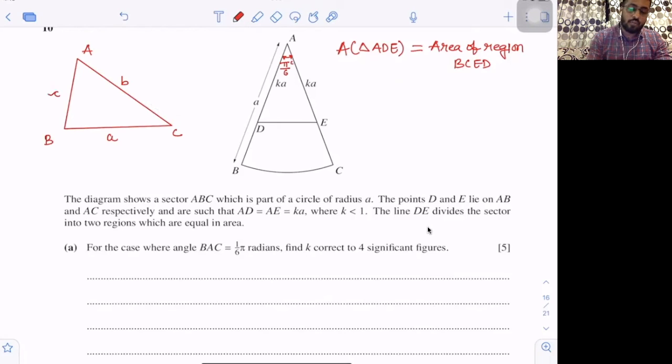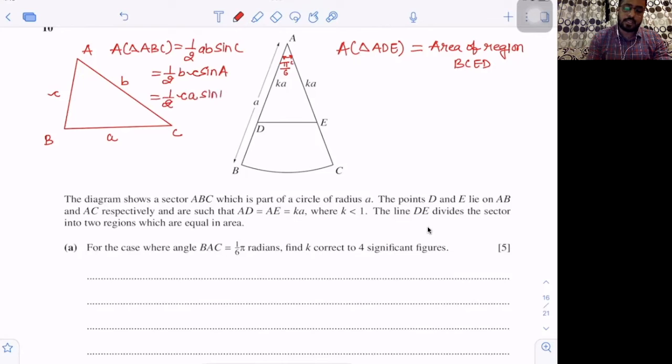Then the area of the triangle ABC is given by half AB sine C or half BC sine A or half CA sine B. So you should know the lengths of two sides and the included angle between those two sides. So the length of AC and length of BC is known, and you should know the angle between these two sides, AC and BC. Okay, so if you know this, you can get the area of the triangle.